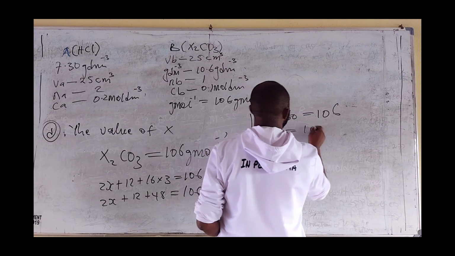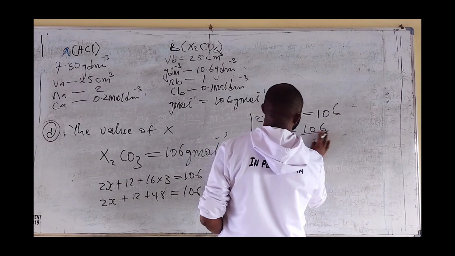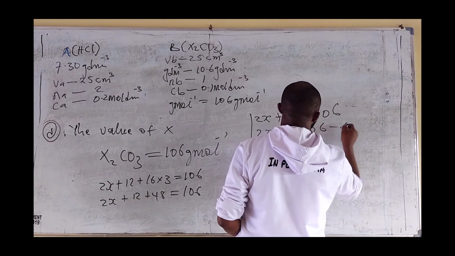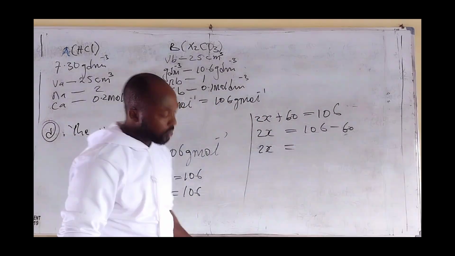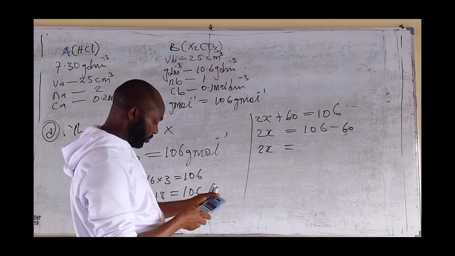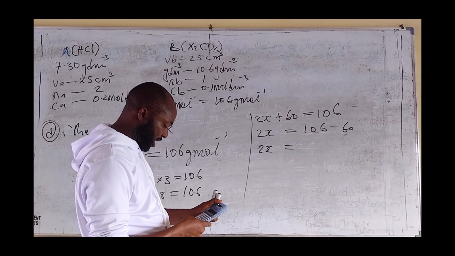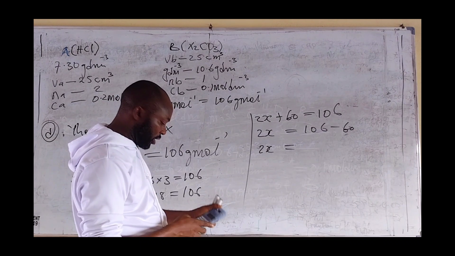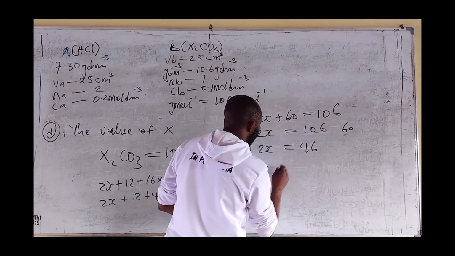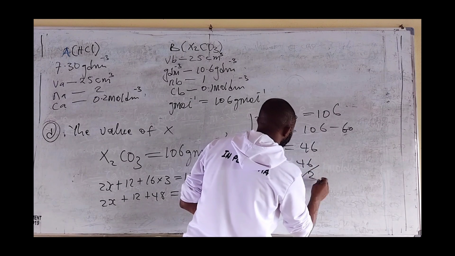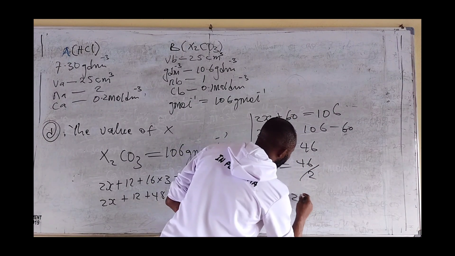2X is equal to 106 minus 60. Now 106 minus 60 is equal to 46. Now our X is 46 over 2. X is equal to 23.